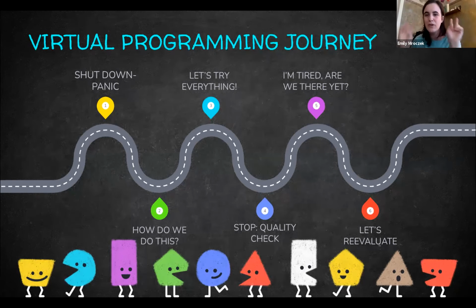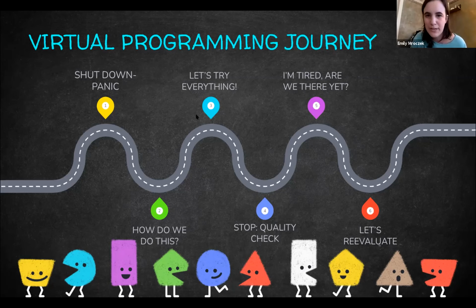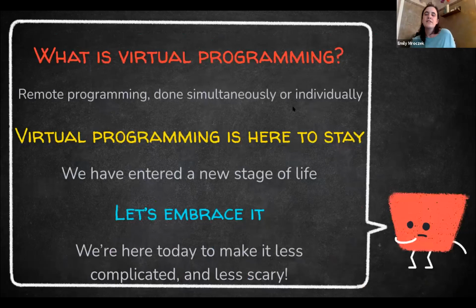We are getting to a new normal. But what's important to remember is it's a new normal. We did learn a lot in this past year and a lot has changed. And that's what's important to think about moving forward, is how we can take these lessons and how we can change virtual programming.